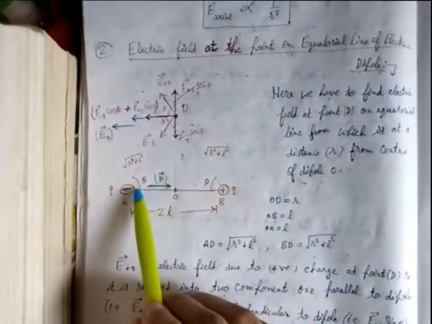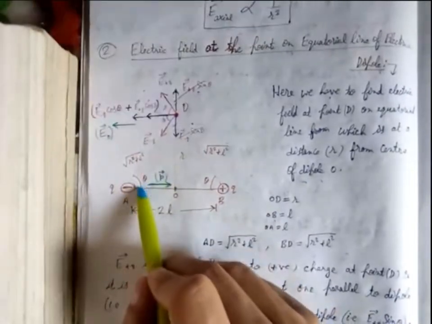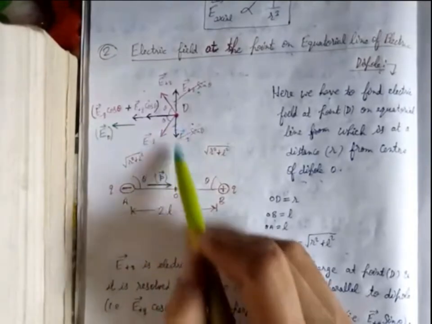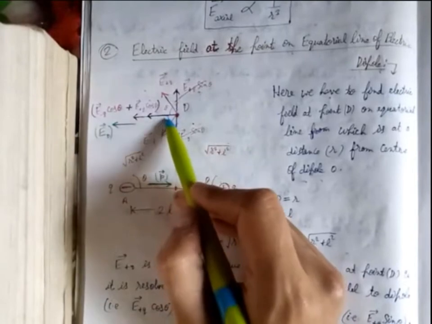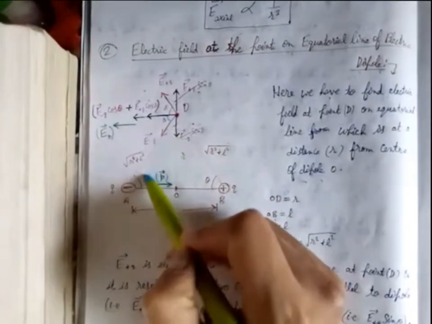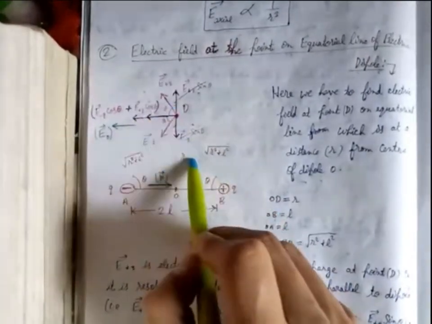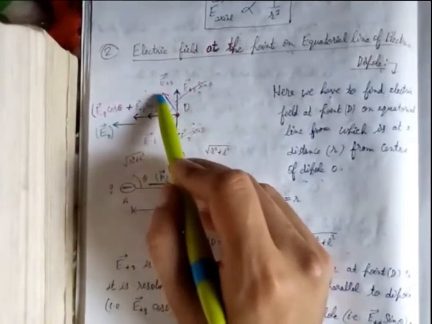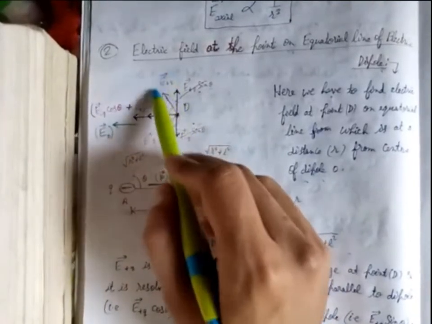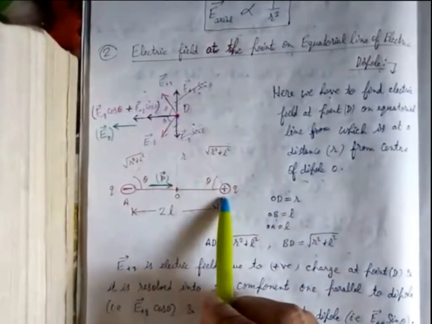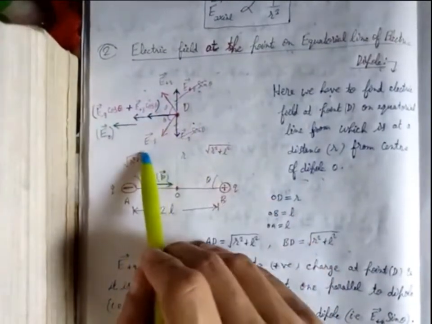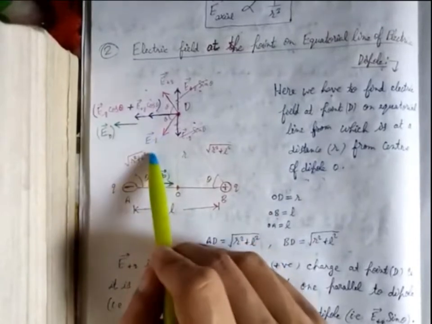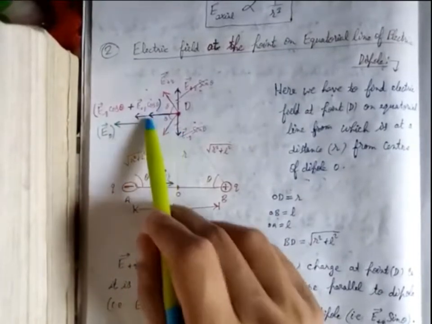Now we have to resolve, because this angle is theta and this OD distance is R. So here also we will get the angle theta, because these two are alternate angles, these two are corresponding angles, and we will resolve this electric field due to plus Q charge into two components. In the same way, the electric field due to minus Q is also resolved into two components.